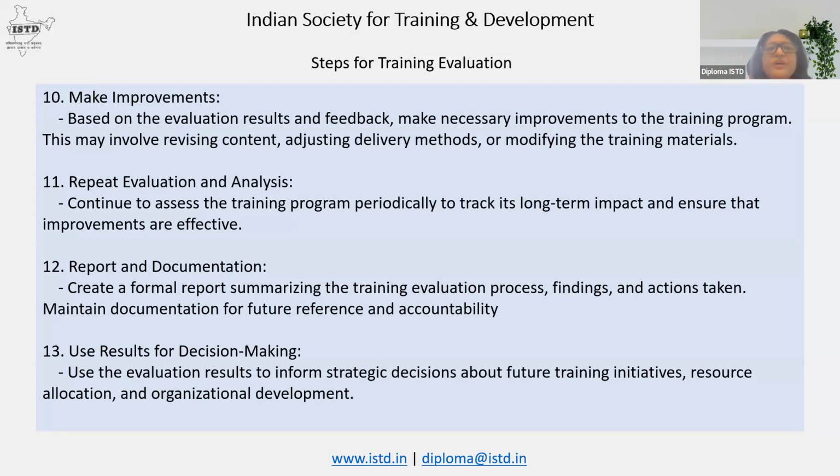Then what you can do is repeat the process. You can evaluate this intervention again, rerun the program, run the feedback again, and find out what the inputs are. Repeat the evaluation, do the analysis, and then finally prepare a document. There would be two parts to it.